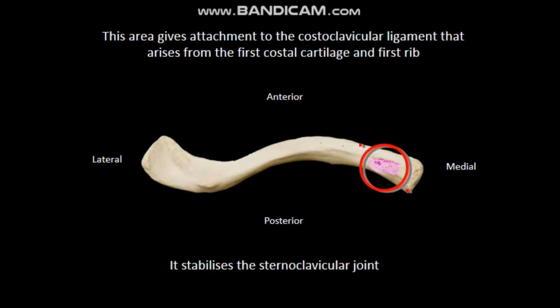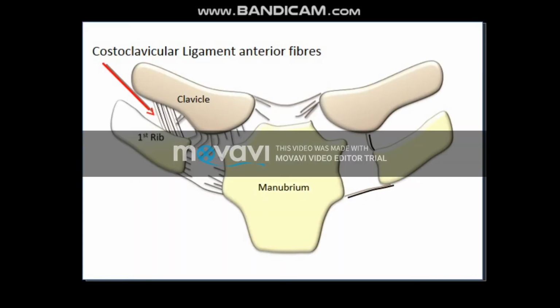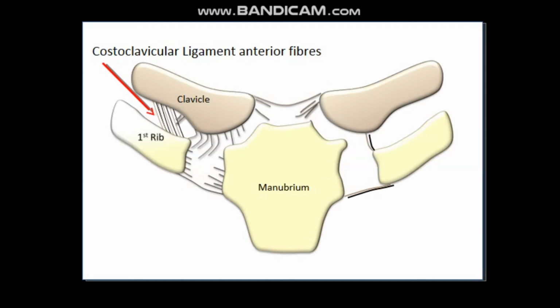It stabilizes the sternoclavicular joint, between the manubrium and the medial end of the clavicle. This is the costoclavicular ligament, and this is the manubrium, which forms the sternoclavicular joint.